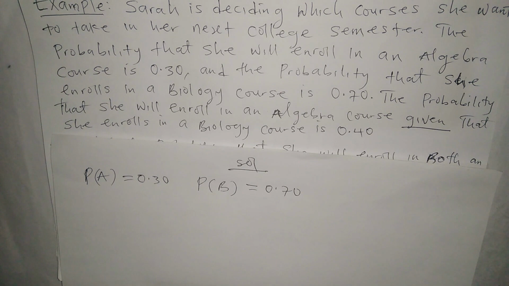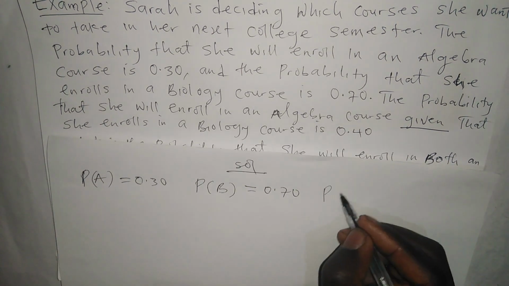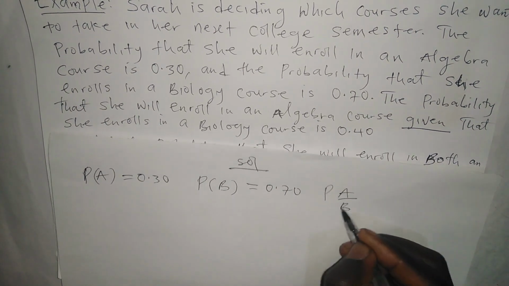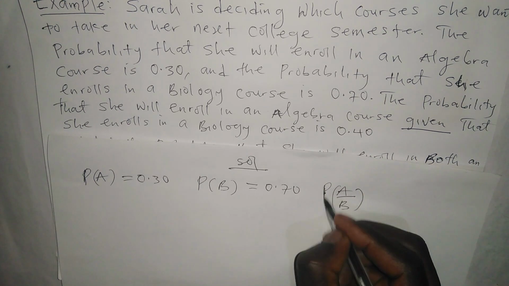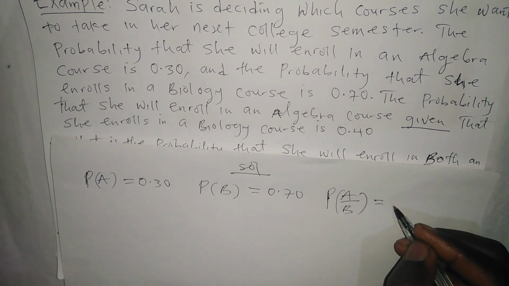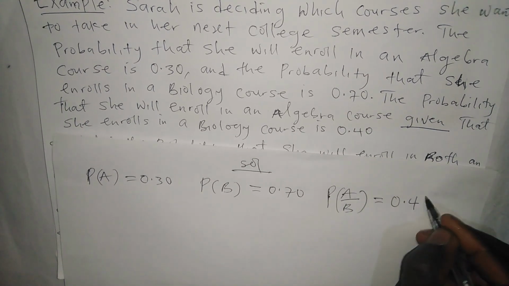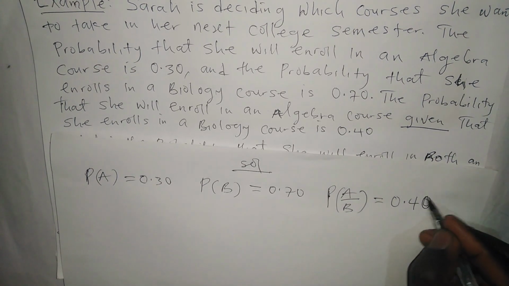Now, the probability that she enrolls in an algebra course given a biology course, algebra given biology, P(A|B) is equal to 0.4. So this is the information we have from the question.